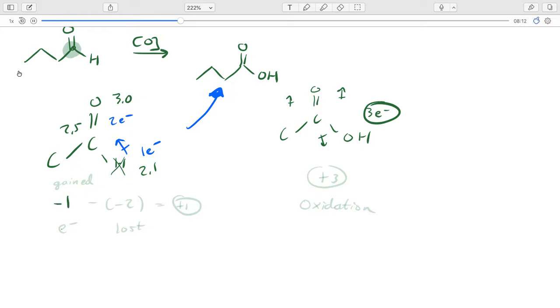It's 1 electron gained minus 2 electrons lost. So yes, this would be a +1, meaning it has a net loss of 1 electron. And this would just be 3 because we've got 3 oxygen-carbon bonds. So this oxidation number would be +3.